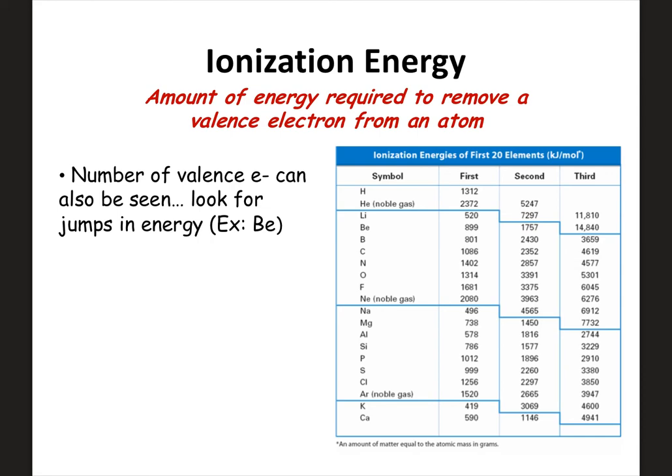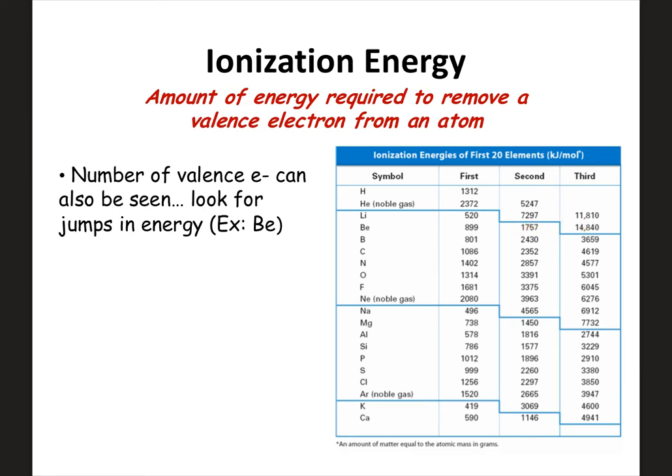But then notice, if you tried to take a third electron away from beryllium, it doesn't just double like maybe we saw from the first to the second. It goes all the way up to almost 15,000 kilojoules per mole. That's a big jump. We kind of just doubled and then went off the charts here.